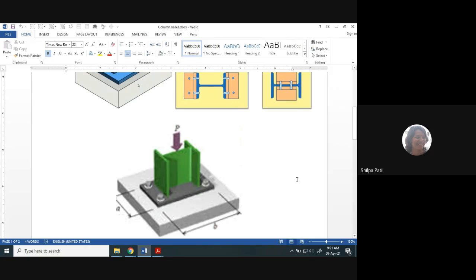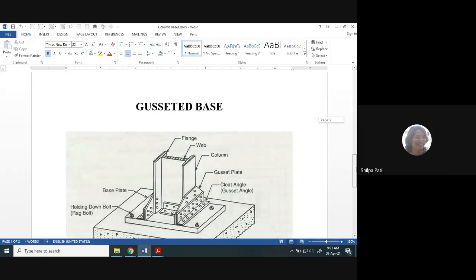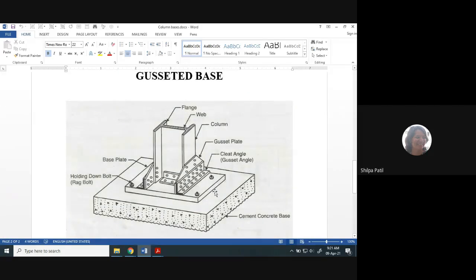In case of the gusseted base, along with the base plate dimension, we need to decide the dimensions of the gusset plate also, and according to the gusset plate dimension, the dimension of the gusset angle also. So these additional steps will be involved in the design of the gusseted base.